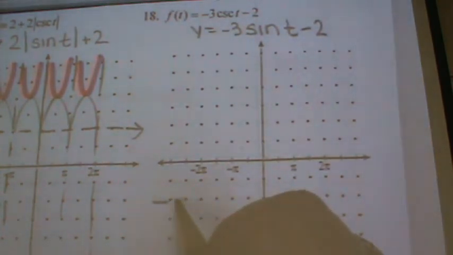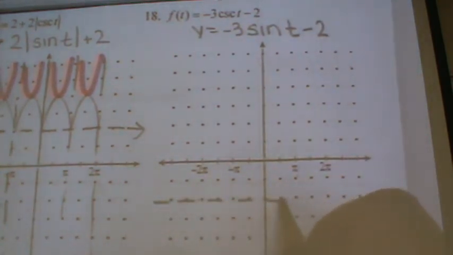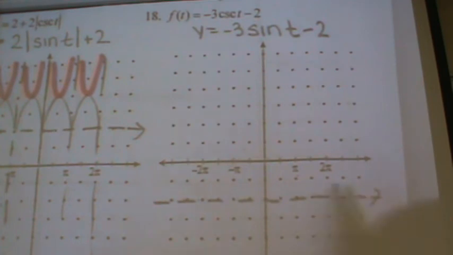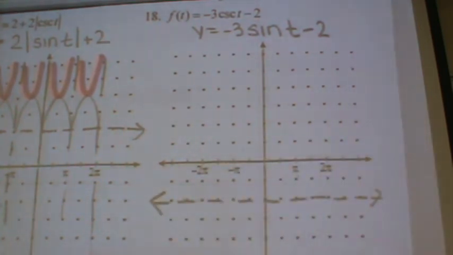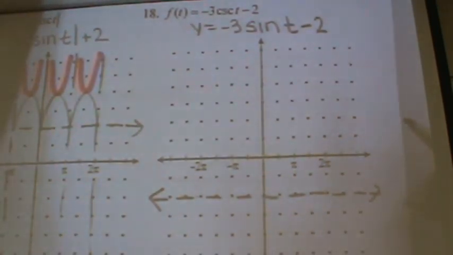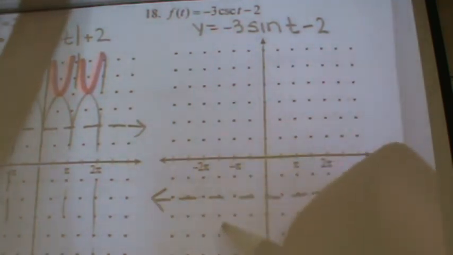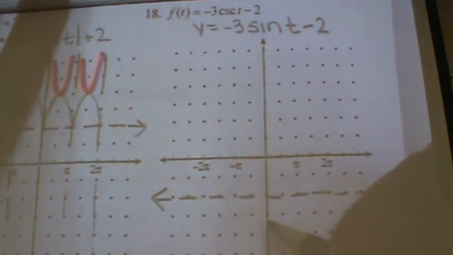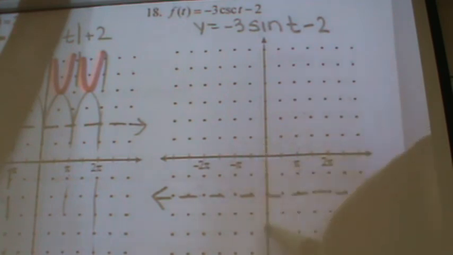Start at -2. Where do I go from here? Do I start high? Do I start low? Do I start where?